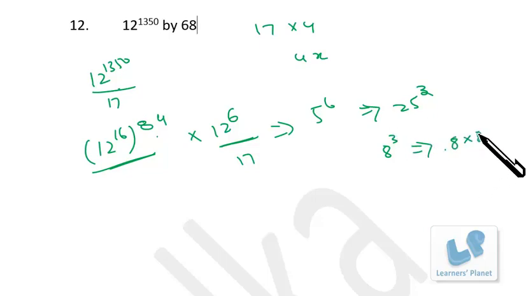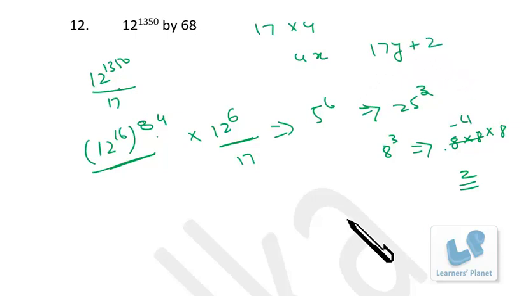Then we can do it simply: 64, so that is minus 4. 68 is a multiple of 17, so now minus 32, so that is 34 minus 32, 2. So this number is in 17y plus 2 format. That means if you divide 12 raised to 1350 by 17, the remainder will be 2.